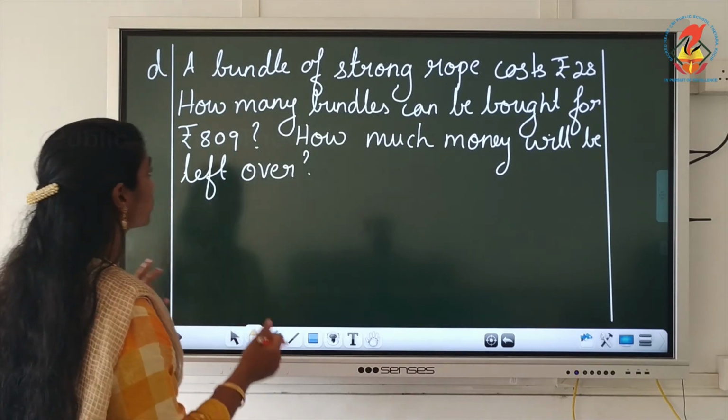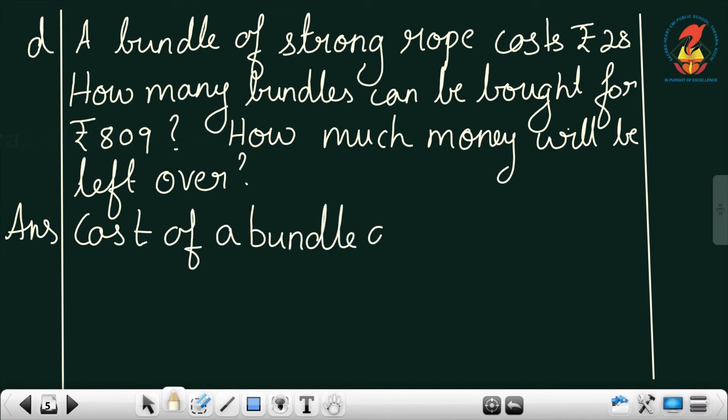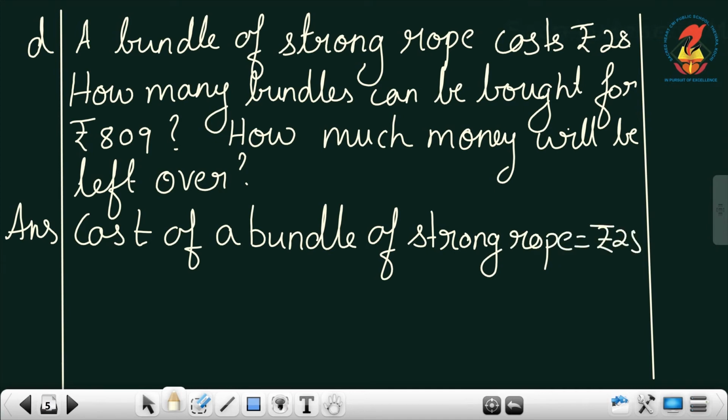Okay. So, write the statement. The cost of a bundle of strong rope, rupees 28.